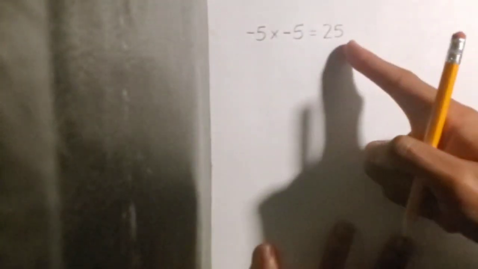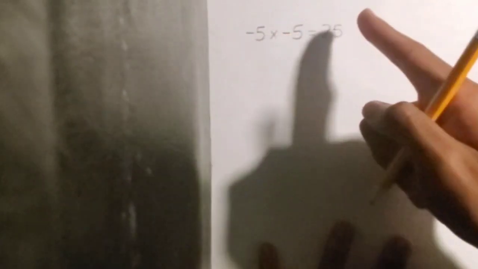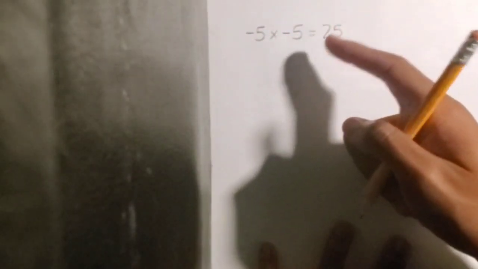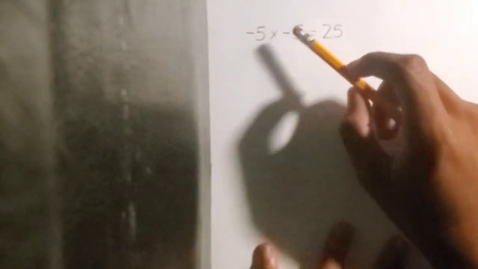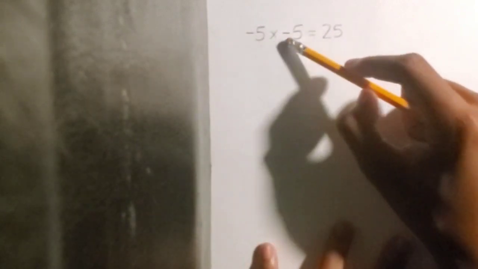The reason why it's 25 is because a negative times a negative equals a positive. It can't be negative, because if you do that, that'll be wrong. It always has to be a negative times a negative equals a positive.